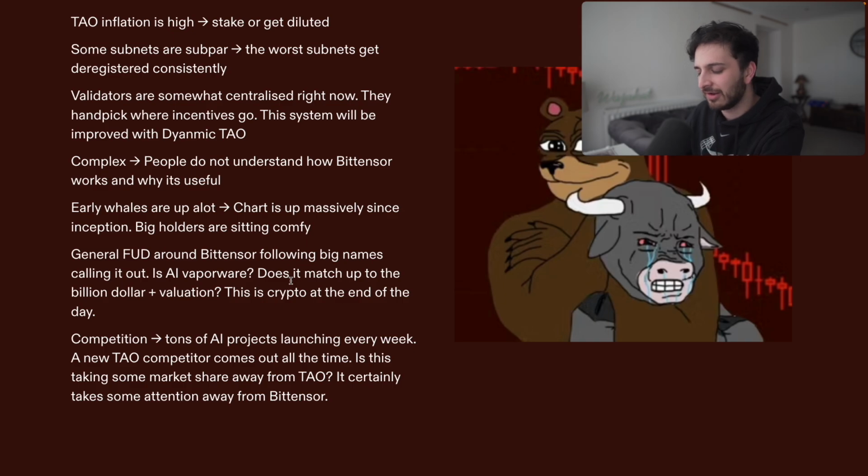Absolutely, of course it is. But this is the case with pretty much every sector, not just AI, but also DeFi, layer 1s, and layer 2s. Just look at how many of these other projects we have as well. But you need to pay attention to the competition, because in the AI space, new shiny stuff is coming out left, right, and center, and so attention and therefore capital will migrate over very quickly. So this is definitely something to pay attention to.